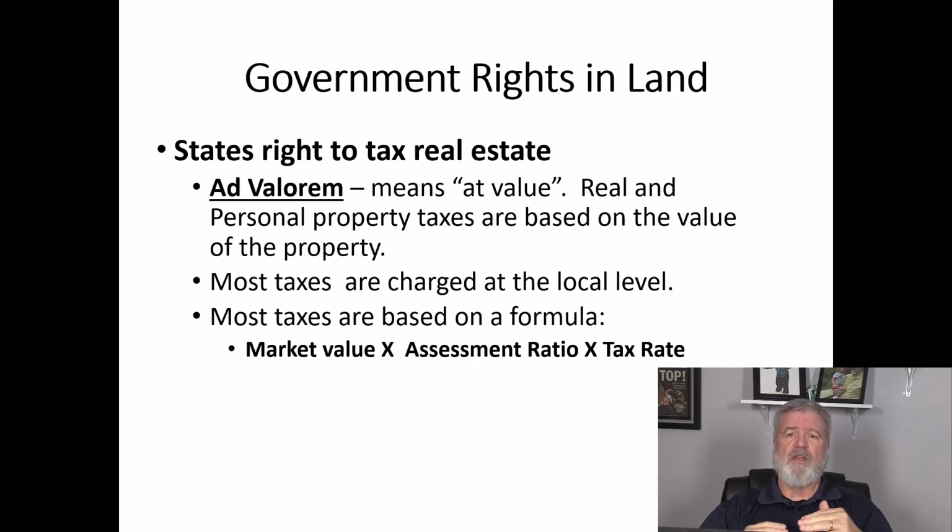The more your property is worth, the more taxes you're likely going to be paying. It really wouldn't be fair to say someone that owns a $100,000 home has to pay the exact same amount of taxes as somebody that owns a $1 million home, right? So what taxes are paid is based on the value of the property. That's what ad valorem means.